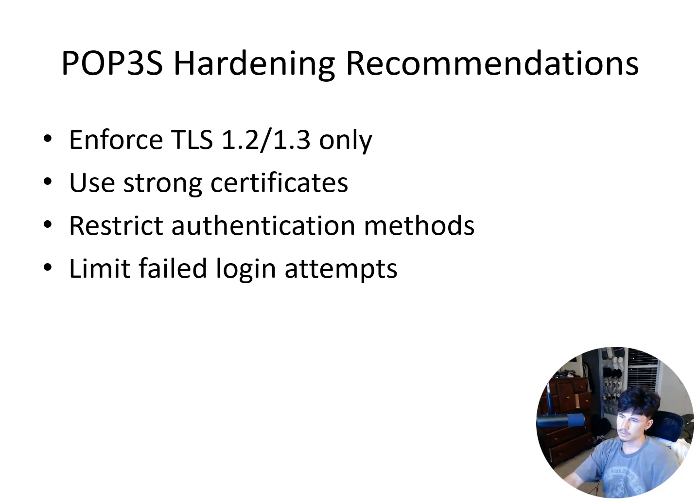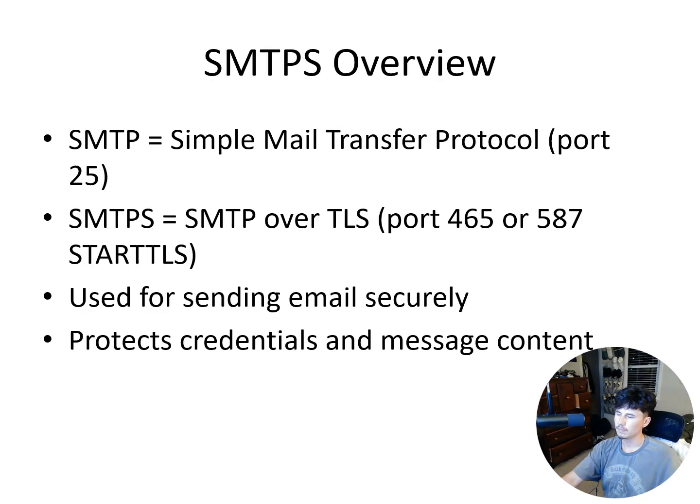Third, authentication methods should be restricted so that plaintext logins are disabled unless wrapped inside TLS. Finally, failed login attempts should be limited or rate limited to prevent brute force attacks. Together, these steps ensure that POP3S remains a reliable and secure method for retrieving email.